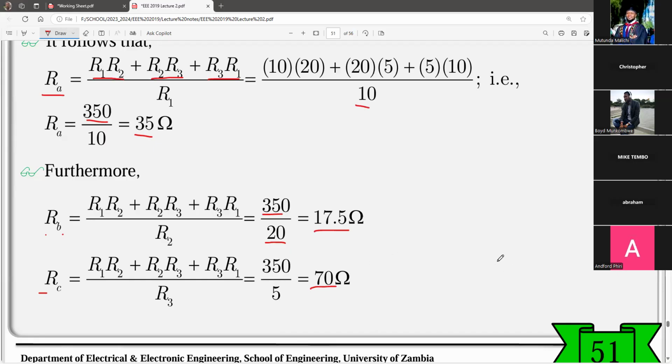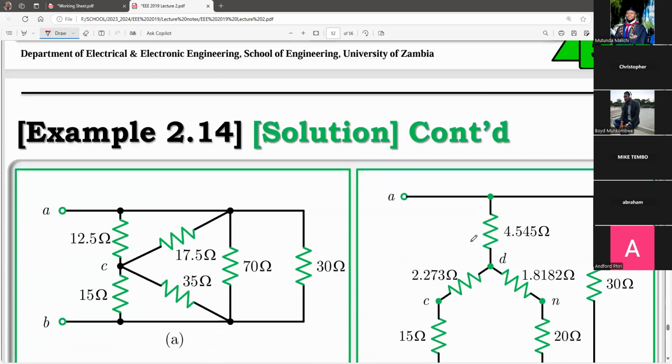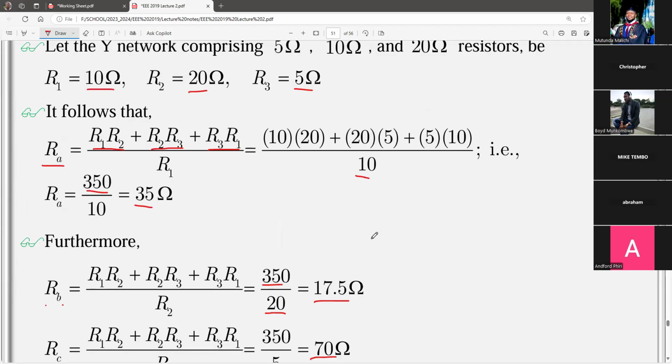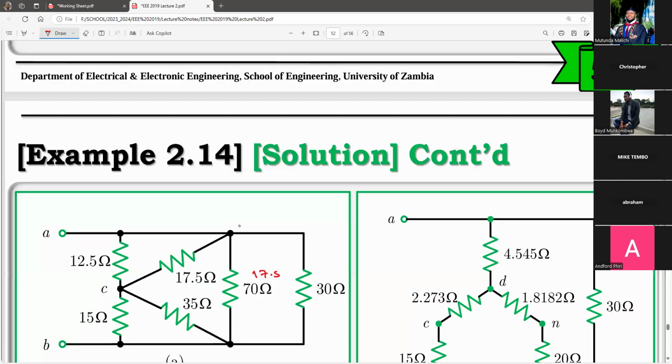Then you can even draw your circuit now. So if you did that, remember, you have to remember where exactly the resistors are there and the 35 is there. Because they didn't actually mark the actual points, positions where those resistors were connected.